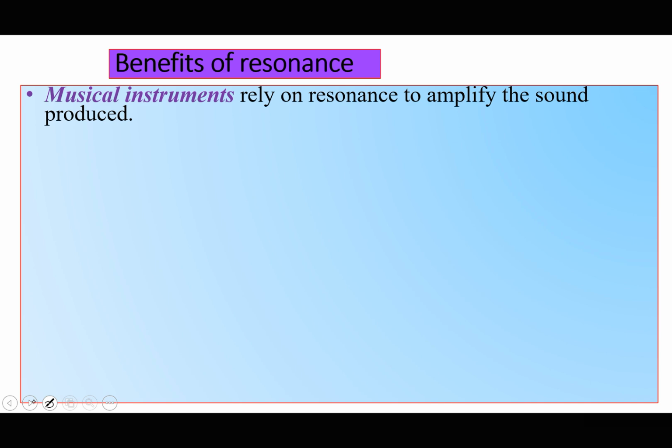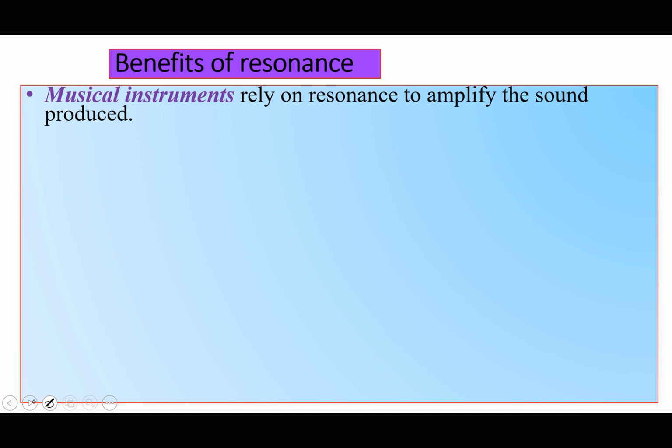Musical instruments rely on resonance to amplify the sound produced. Wind instruments are sounded by making a column of air resonate by blowing a whistle at one end. So when you blow air at one end of a windpipe or a musical instrument that uses wind, you cause the air inside the windpipe to resonate.